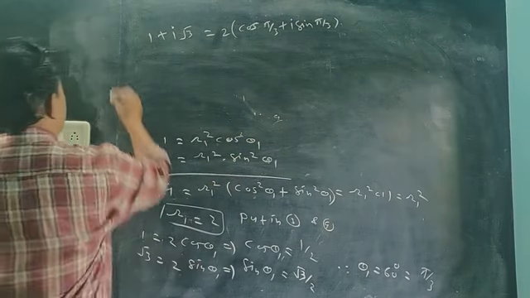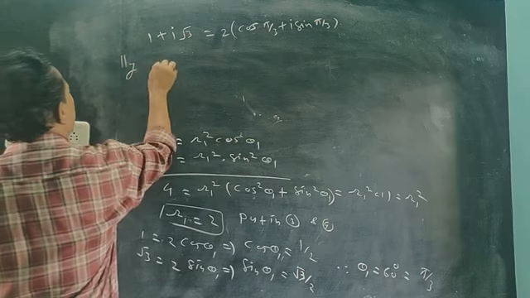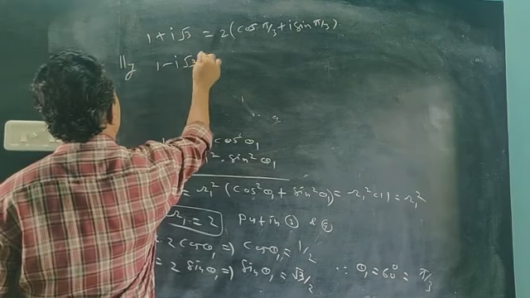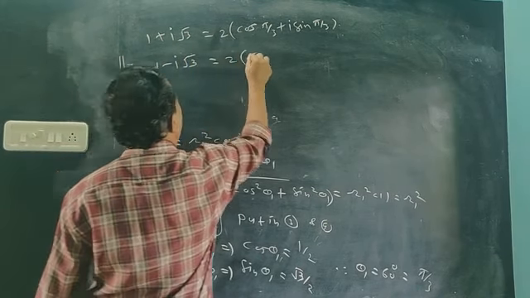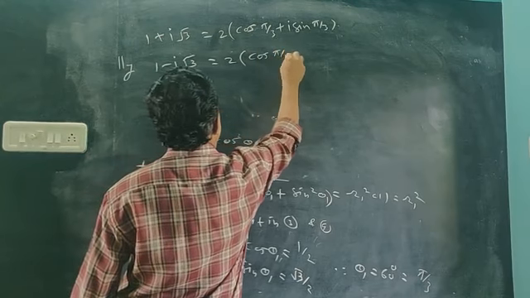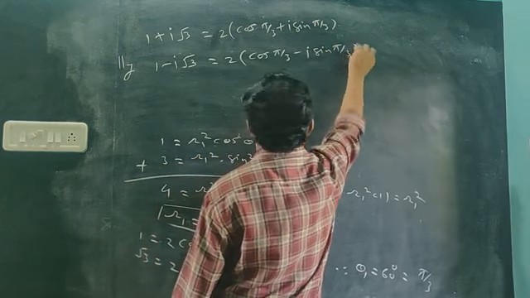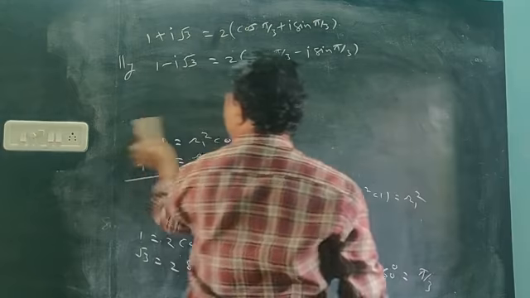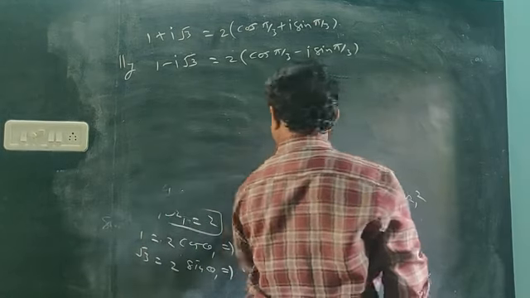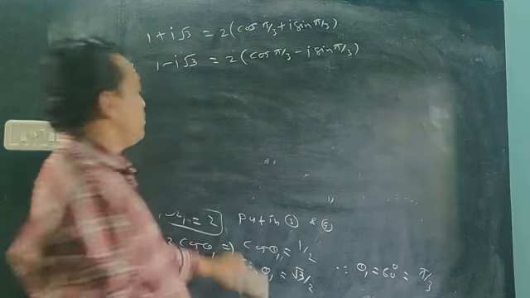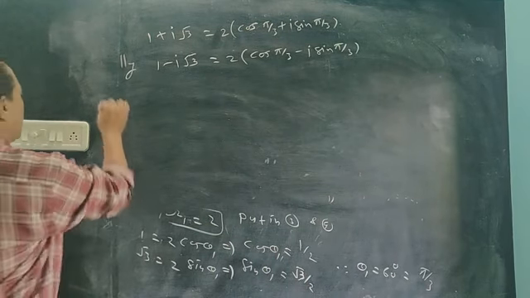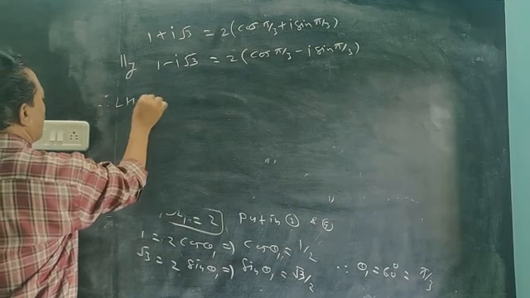Similarly 1 minus I root 3, in place of I, minus I: cos of pi by 3 minus I sin pi by 3. Okay, so we have expressed both the complex numbers. Out of 4 only 2 are similar. Now your answer comes to.